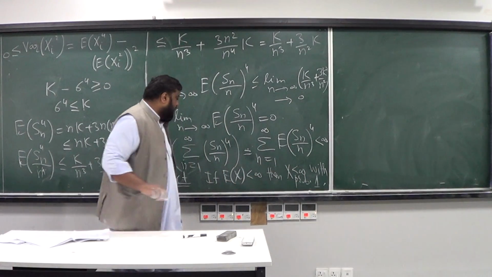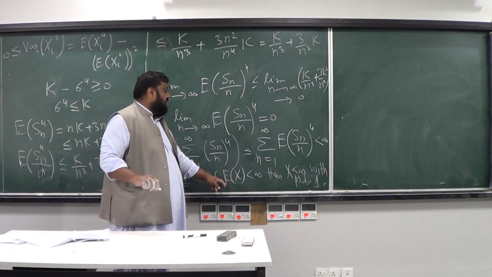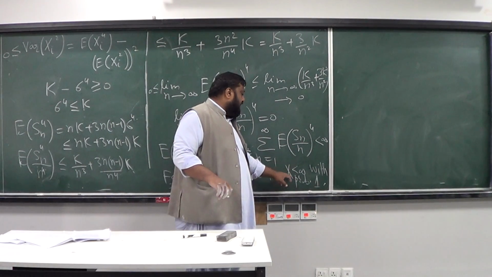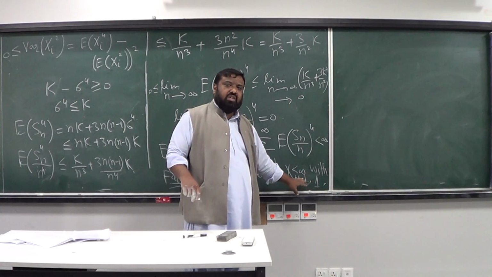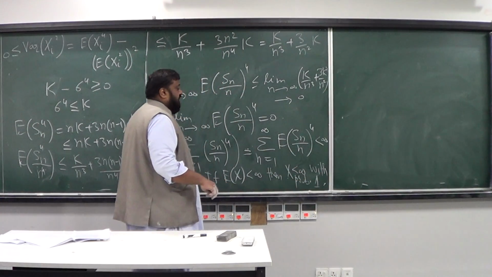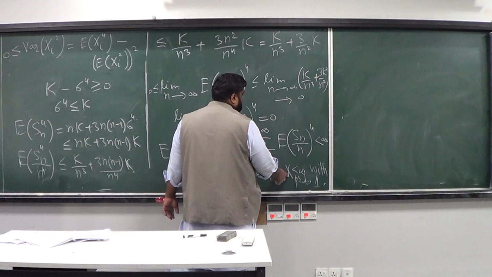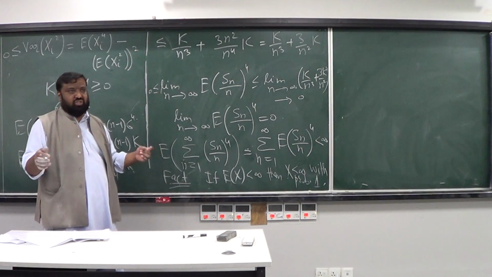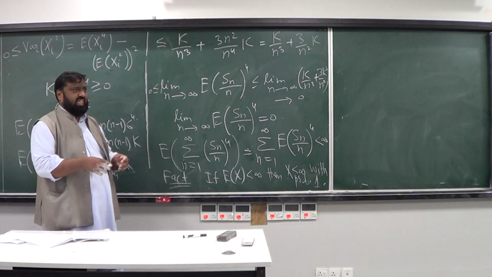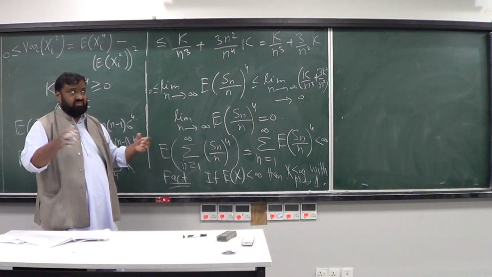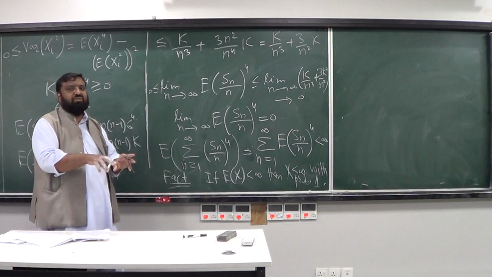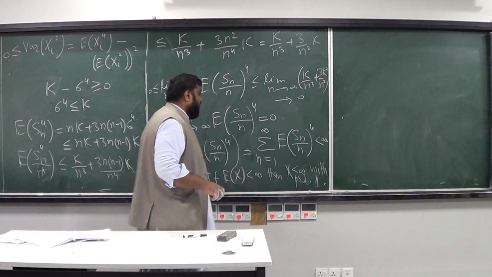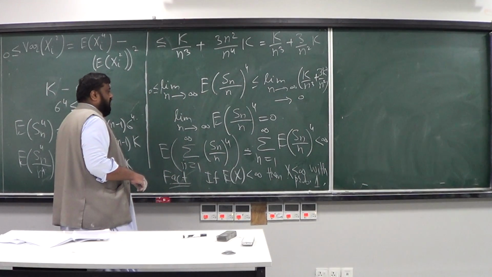So if the average of x is finite, then x would be finite almost surely. It can't be infinite. You can't have an x that is infinite but its expectation is finite, because it doesn't make sense. I mean, you have some that can take infinite values, but its average is finite. So if the expectation of x is finite, then x is finite with probability 1, almost surely.